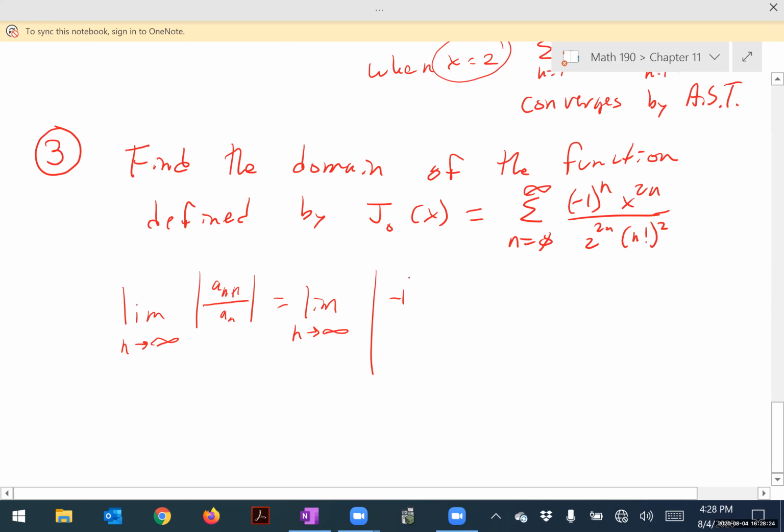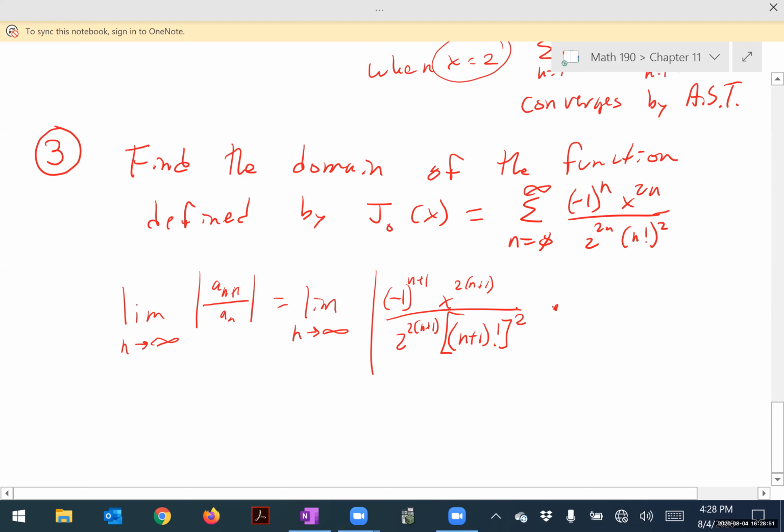(-1) to the n plus 1 times x to the 2n plus 1 all over 2 to the 2n plus 1 times (n plus 1) factorial squared, okay, times, now I'm just going to multiply it times the original flipped upside down, if that's okay with you.